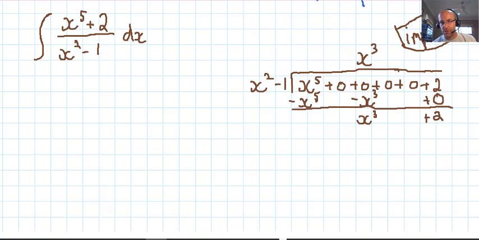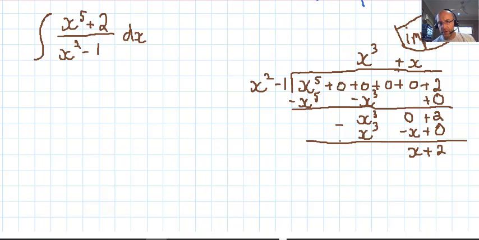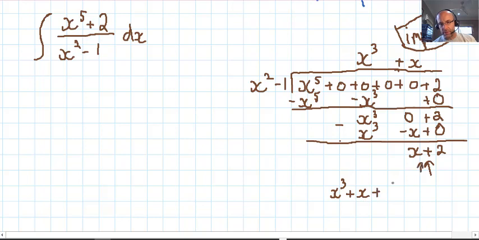Next step is to subtract. Use a factor of x. Subtract, and we get a remainder of x plus 2. So basically this has a remainder. So the result is x cubed plus x plus this remainder, which you might remember from earlier polynomial division, over x squared minus 1, the divisor.